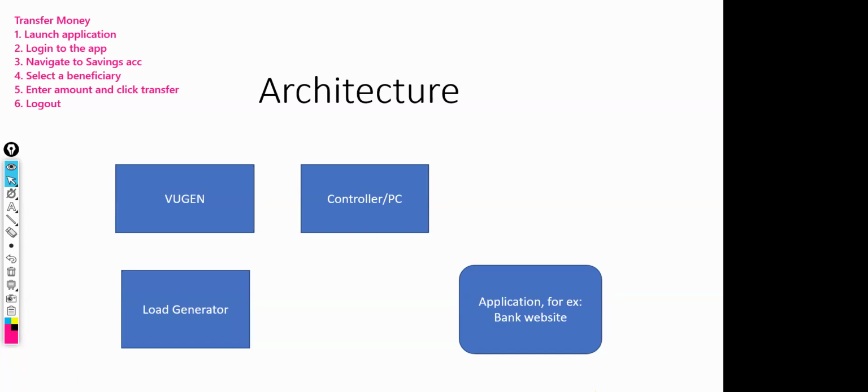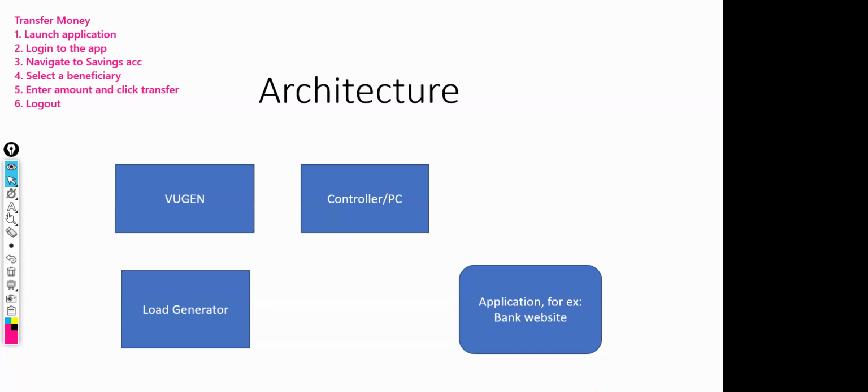Or if you are using cloud, there is a LoadRunner SaaS cloud version as well. Or sometimes your organization might use LRE, LoadRunner Enterprise, where they will give you an enterprise edition of the Controller or Performance Center component.